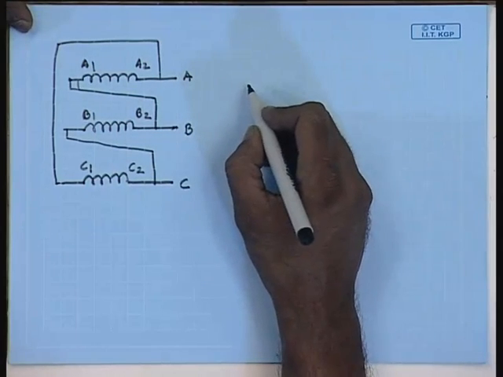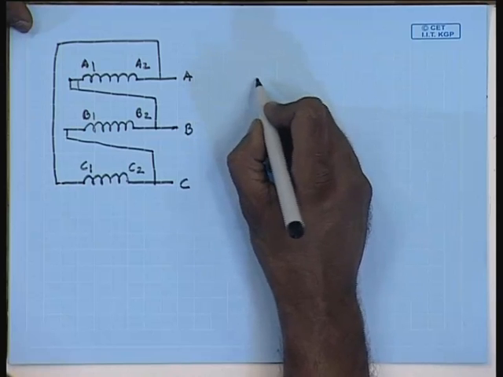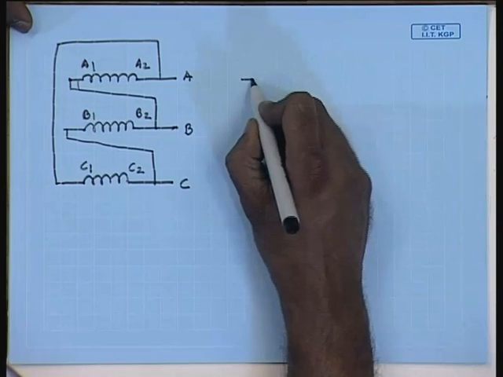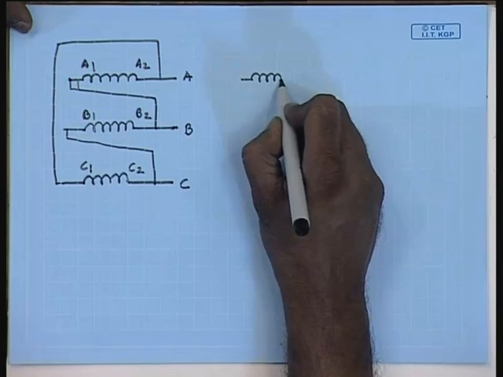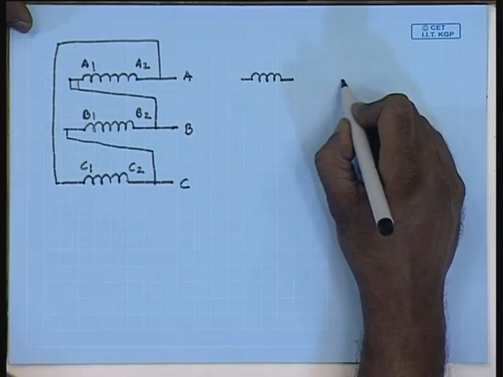Now, on the low voltage side, you have two sets of winding here, one set, second set.